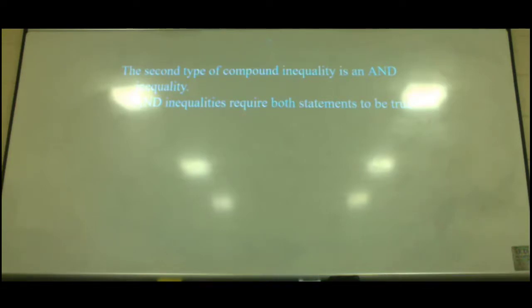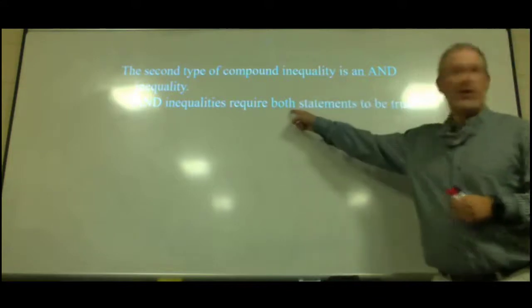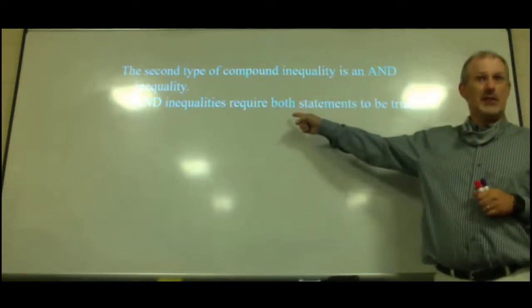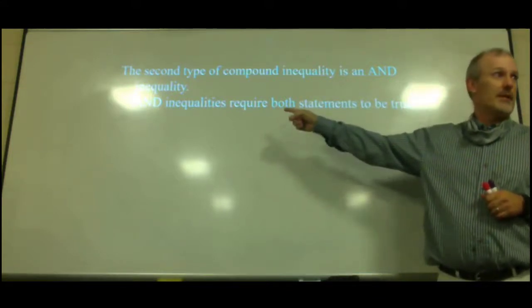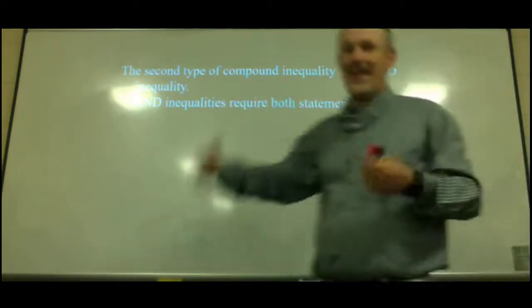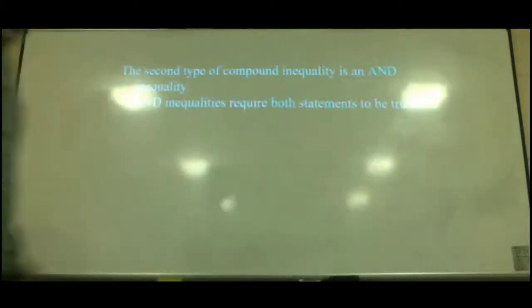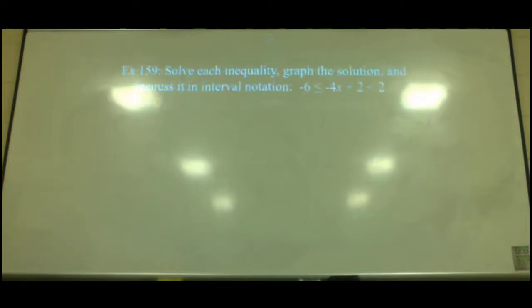Is my statement true then? No. In order for the statement to be true, I have to go to Sonic and then I have to go home, right? Does that make sense? So in order for an and statement to be true, both of the inequality statements need to be true. Okay? That's for an and statement. So you got the and, that means both of them are true. Are we good?